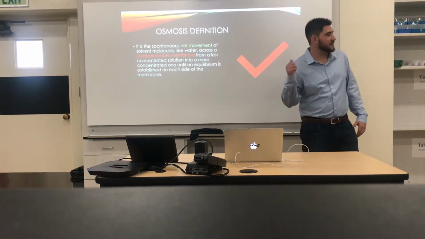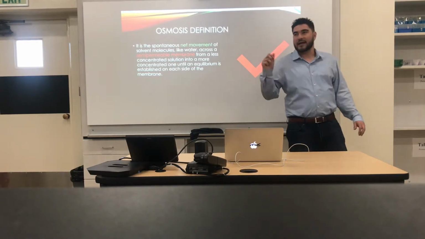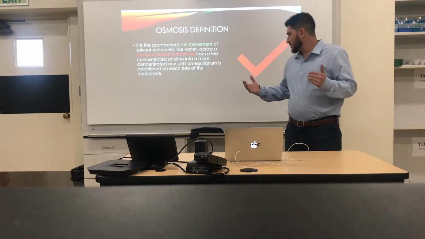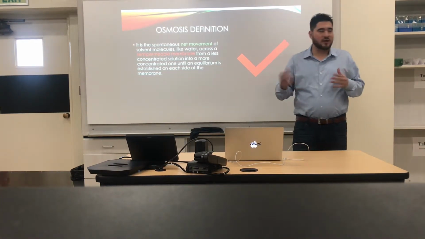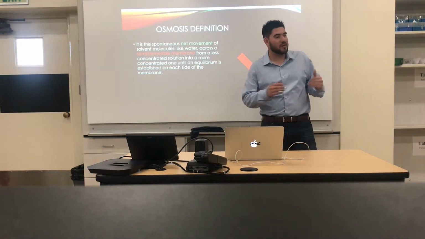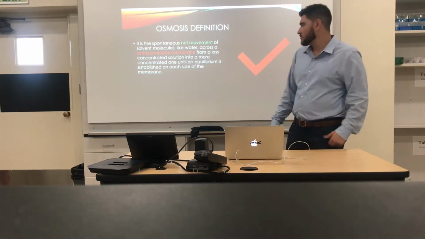Now remember, from last time, we're talking about dynamic equilibrium. Unpacking the net movement, once this equilibrium is achieved, solvent molecules are still going to be moving back and forth, but there won't be any net change. You won't be able to see any real difference between the sides once this equilibrium has been established.